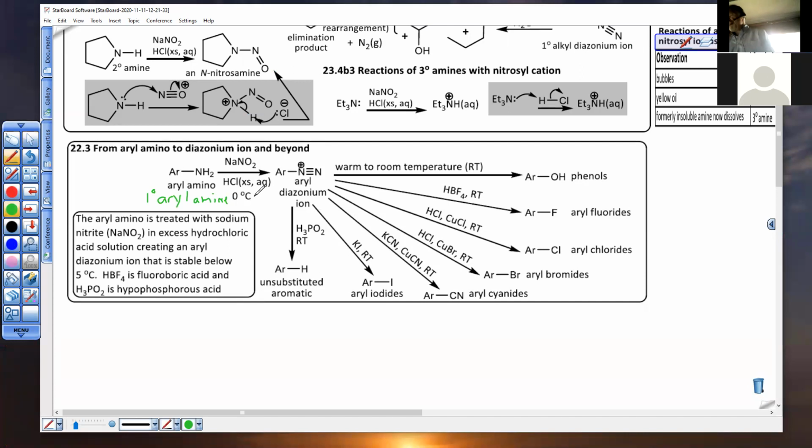That would be an ice water bath surrounding your reaction mixture, wouldn't it? Generated aryl diazonium ion, which can do 7 useful things.